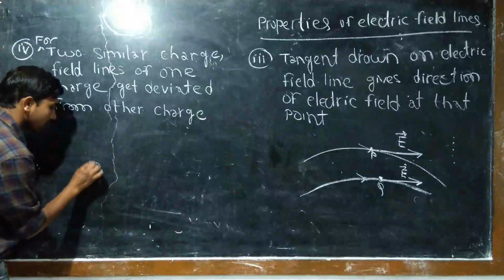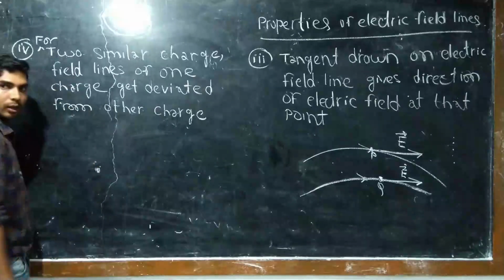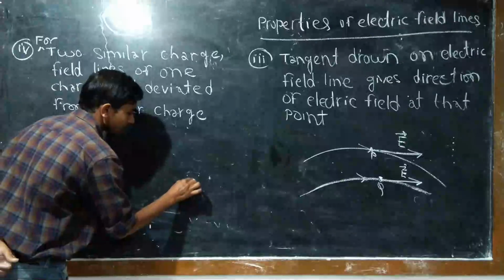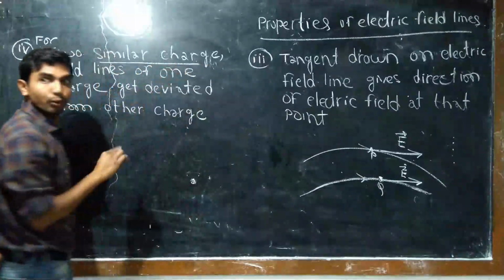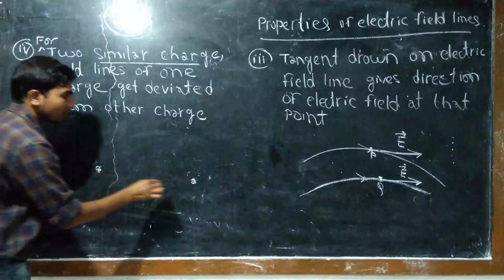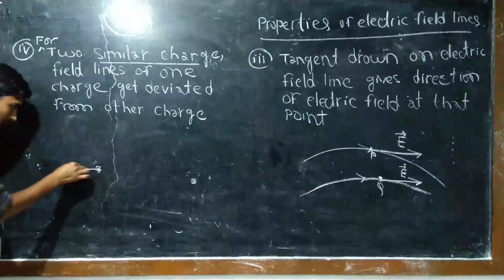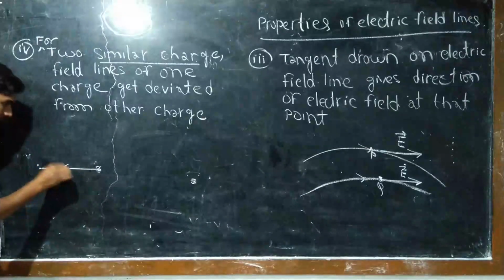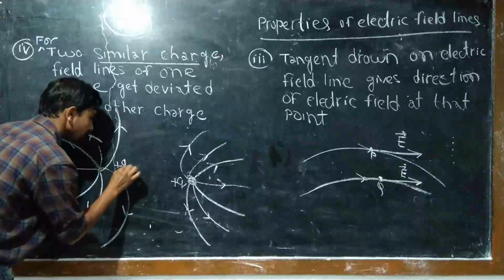suppose this is your one charge, okay, and this is another charge, right? What is here? Similar charge. Similar charge means both is positive or both is negative, right? So electric field lines of one is deviated by another one, right? So for this one electric field lines will be like this, plus Q, right?